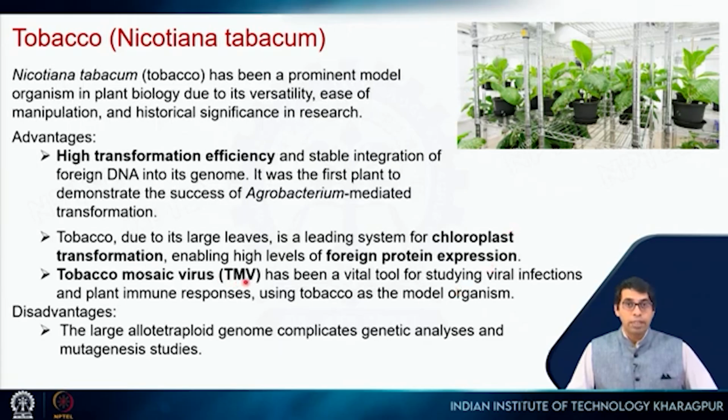Tobacco mosaic virus, or TMV, has been a vital tool for studying viral infections and plant immune response using tobacco as the model organism. So immunity in plants has been studied using this tobacco system, where tobacco mosaic virus has been used to induce viral infections. And there are, of course, disadvantages. For example, it's an allotetraploid, which means that it has a complicated genome, which makes its genetic analysis complicated.